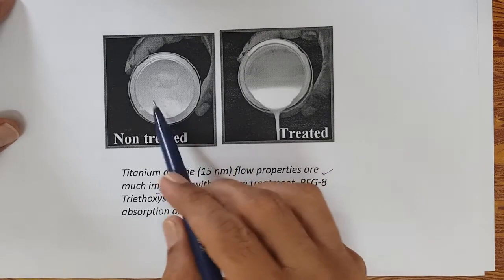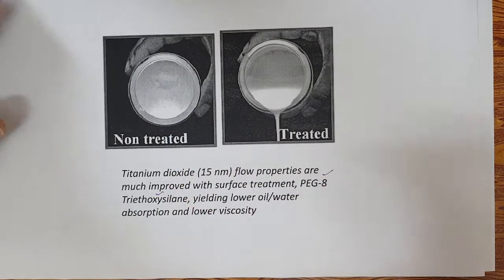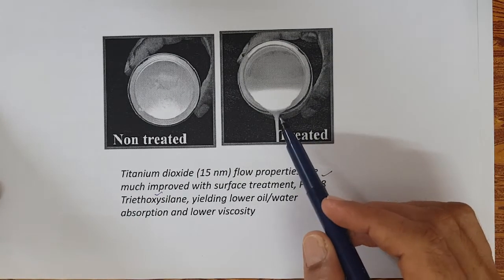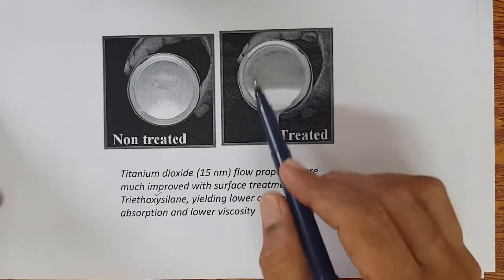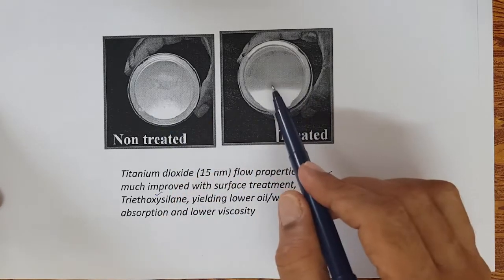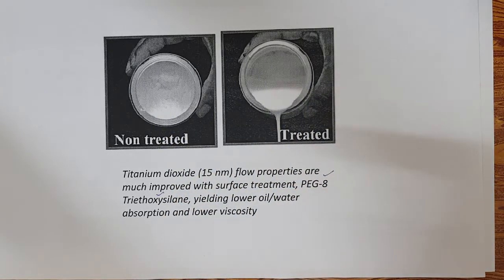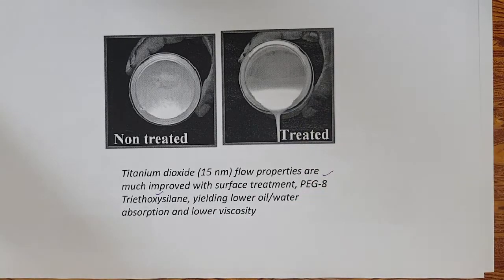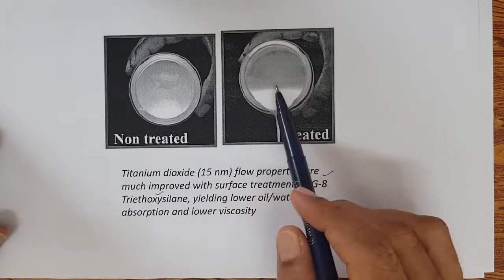See here, non-treated pigment absorbs the oil and it becomes lumpy, whereas this is the treated pigment which in the same base disperses very well and it flows very well. It doesn't absorb all the oil and it doesn't become lumpy.